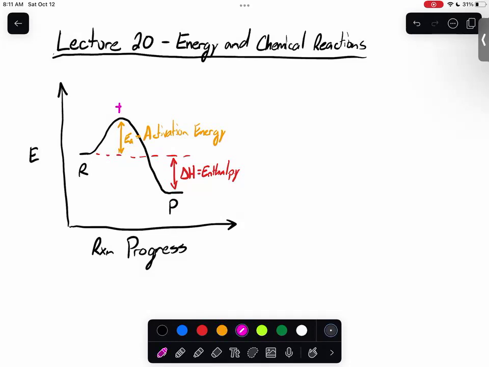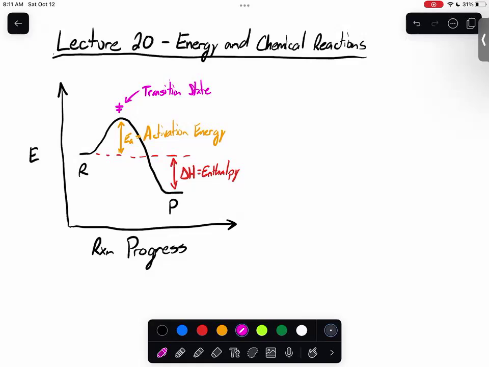We can label it with this double dagger, right, where it's kind of like two crosses. And this is what we call our transition state. So all of these come together to kind of make our energy diagram. And of course, each one is very important.